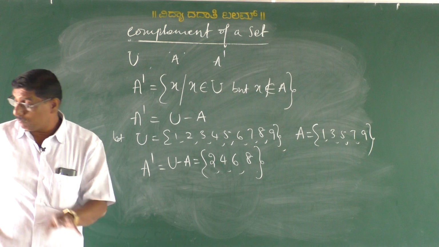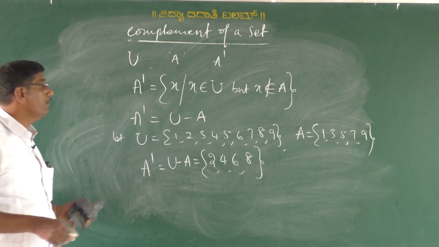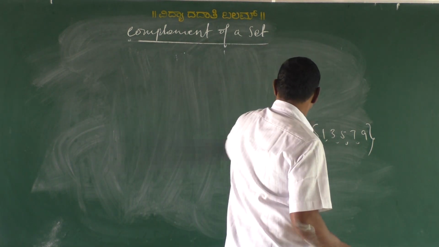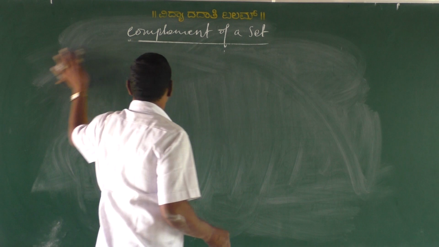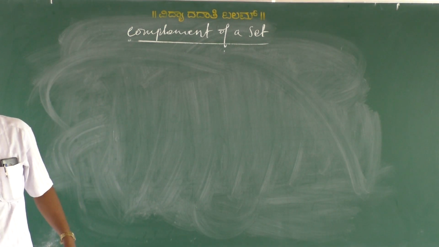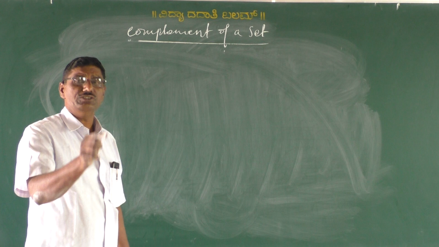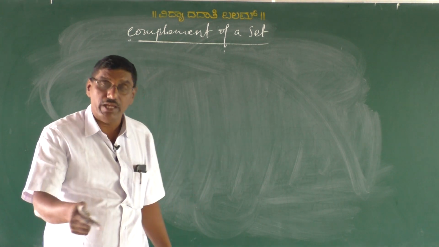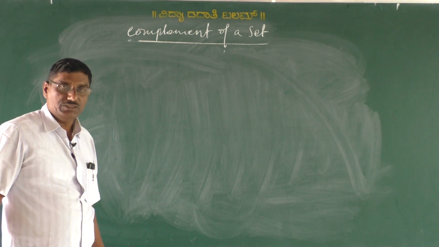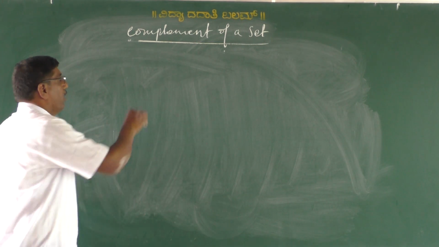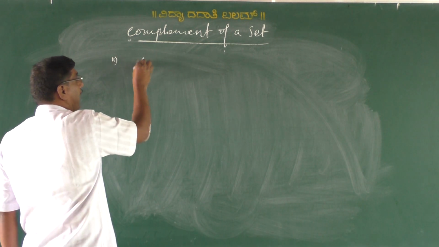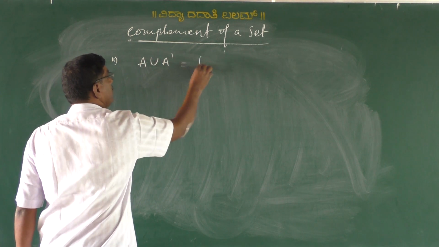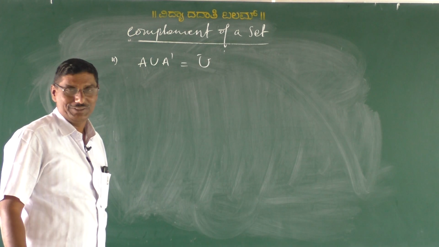Yes, but there are some properties under the complement of sets, my dear students. Since A is a subset of U, A dash is also a subset of U. That is, the complement of a set A is also a subset of U. Second point, A union A dash is always the universal set, my dear students.